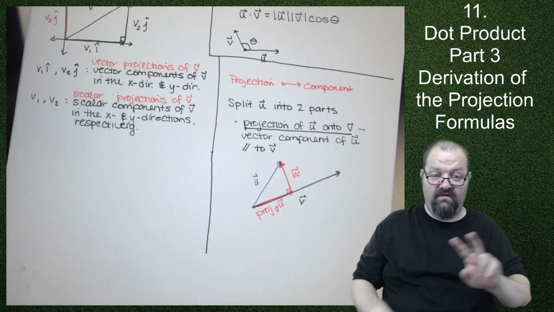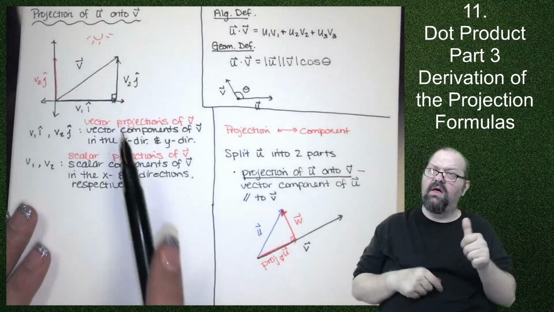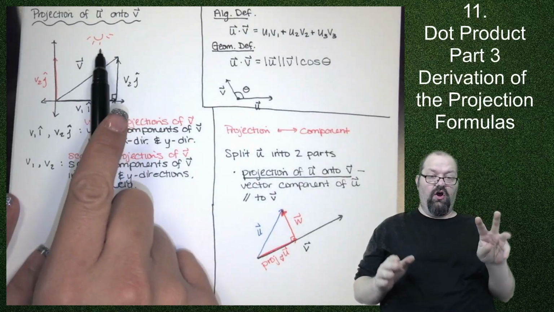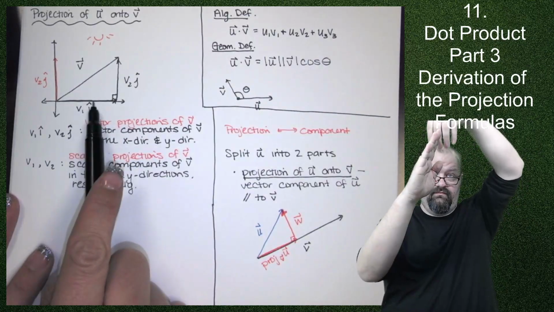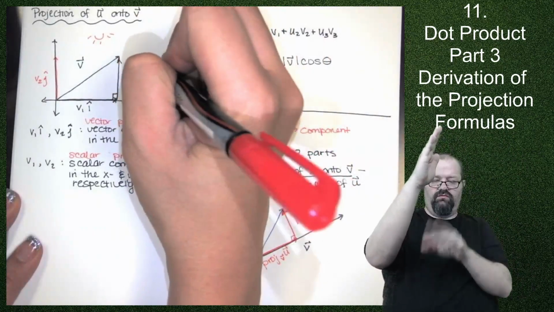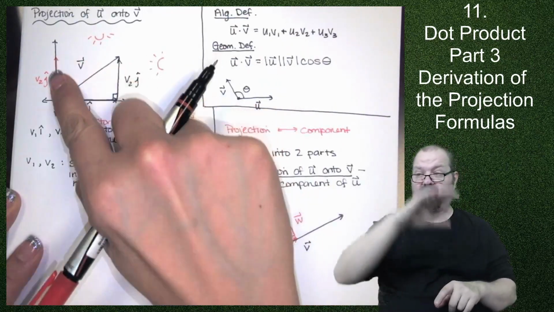And again, if you want to think of it intuitively, you can think of it as like a shadow being cast. Here, if the sun is directly above V, the shadow that V casts on the x-axis looks like this. If the sun is over here on this side, the shadow that V casts on the y-axis looks like that.